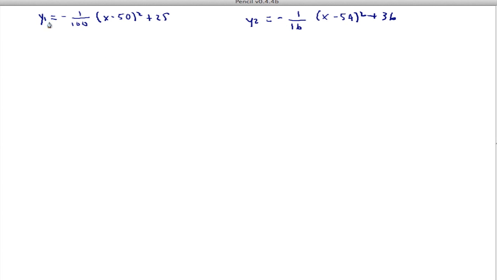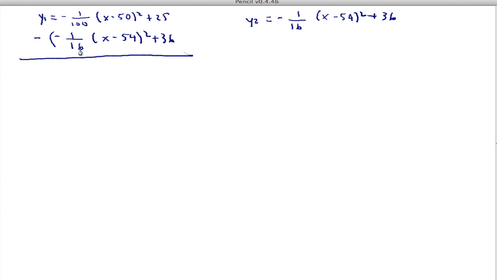So we'll go y1 minus y2. We have y1 already written there, so we'll subtract y2. So it'll be negative, bracket, negative 1 over 16 (x minus 54) squared plus 36.